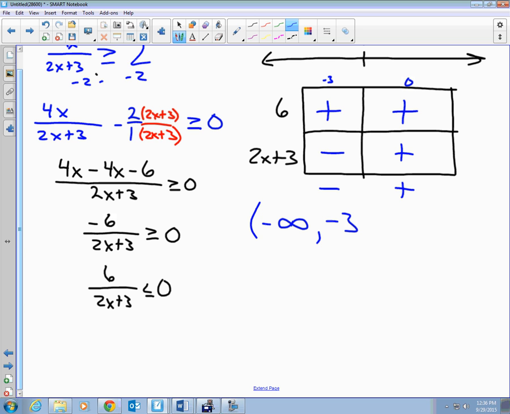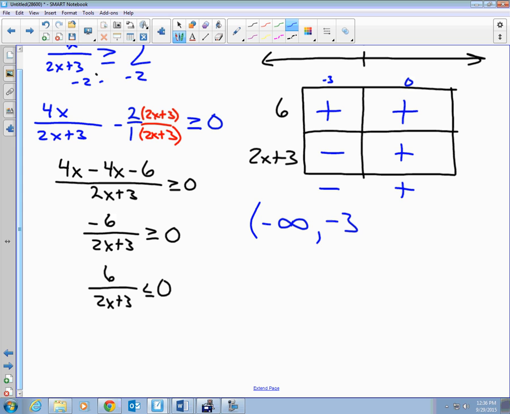Parenthesis or bracket around negative 3. Which is it? The equal sign says we put a bracket.